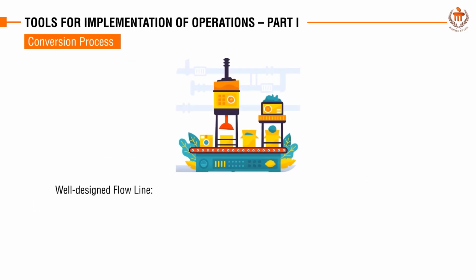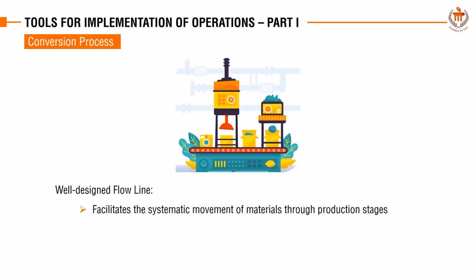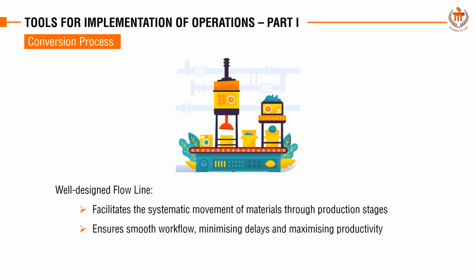Furthermore, a well-designed flow line is essential in this regard, as it facilitates the systematic movement of the materials through various stages of production, effectively converting inputs into outputs that are ready for the next step in the value chain. The flow line helps maintain a smooth and organized workflow, minimizing delays and maximizing productivity.